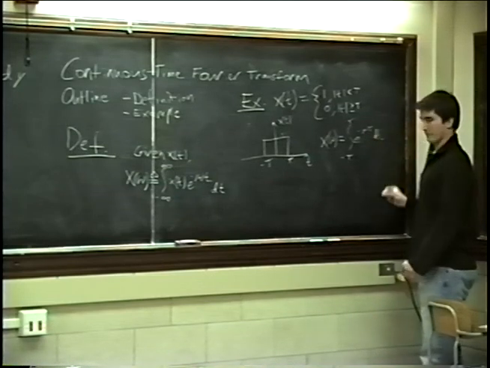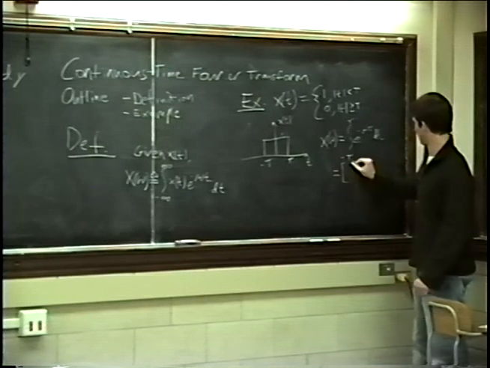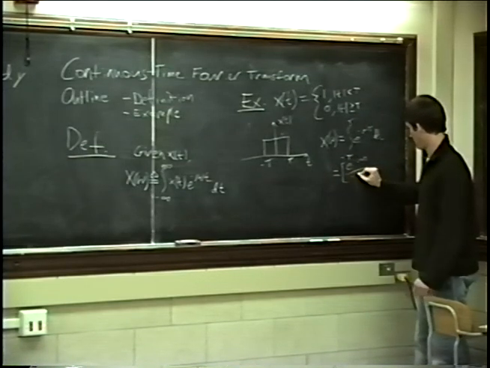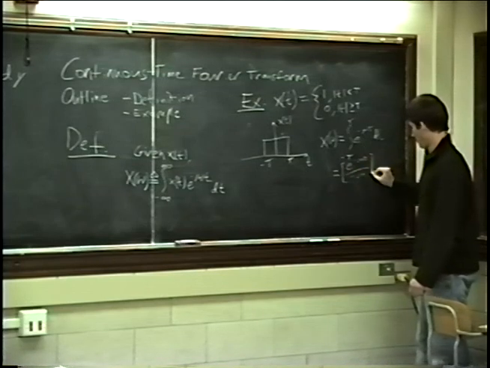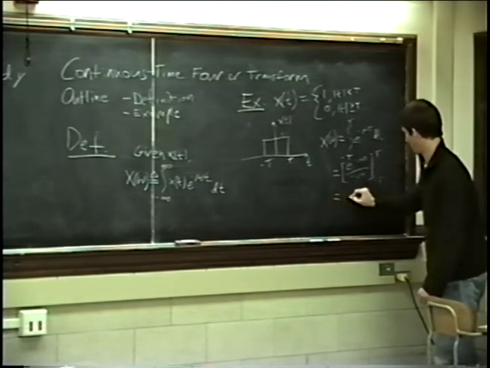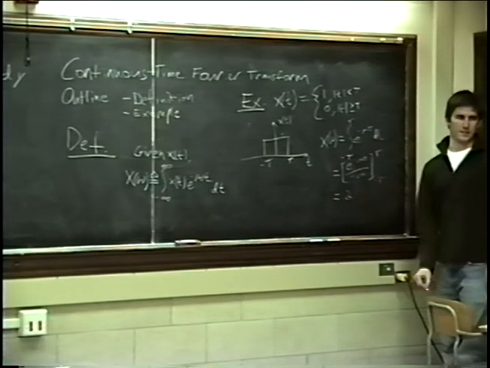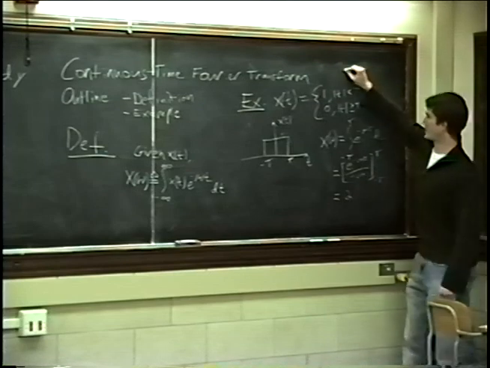This is an integral from calculus, which we can evaluate to get this, with these limits. And if you evaluate this, you'll get this. Well, we're going to have to use something called Euler's identity. Does anyone recall Euler's identity?